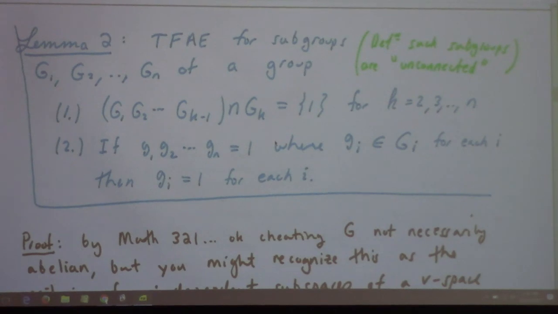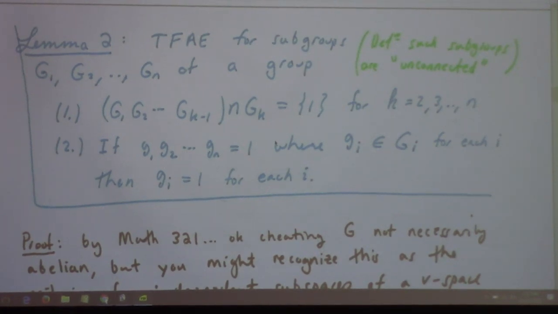In linear algebra, if you took it with me, we talked about the concept of independent subsets, right? So basically, if we have a vector space and we can find subspaces which are pairwise independent, I mean, if they satisfy certain independence conditions, then we can say that the vector space is isomorphic to the direct sum of those subspaces. And what I'm about to show you is just the corresponding result for groups.